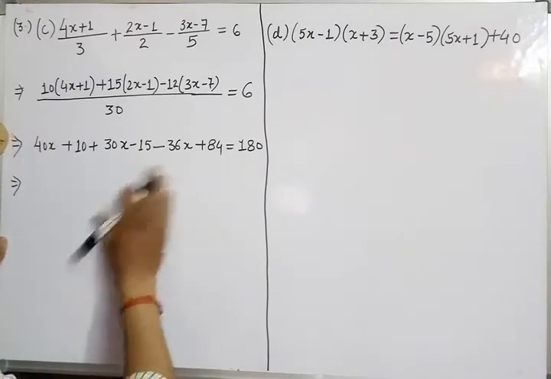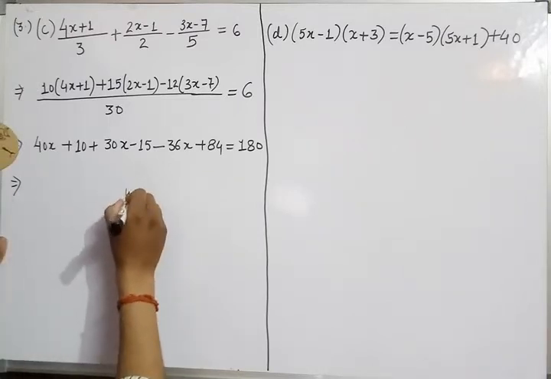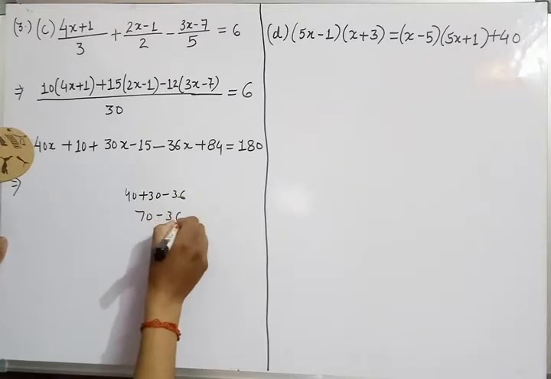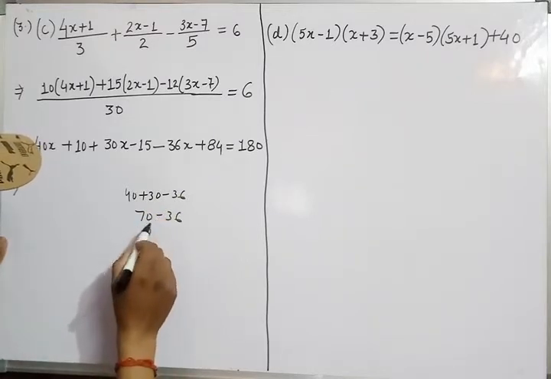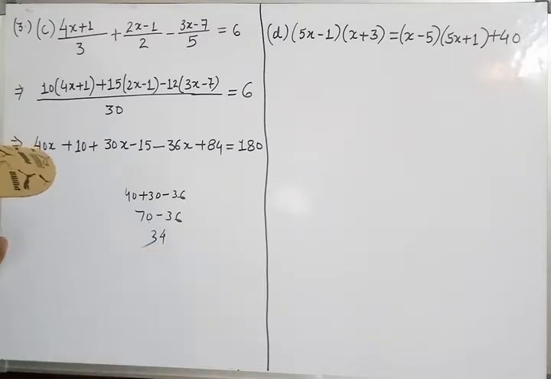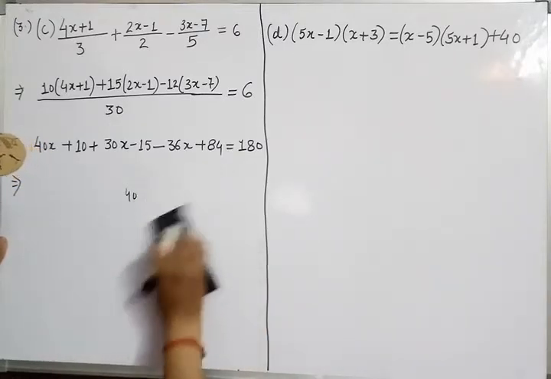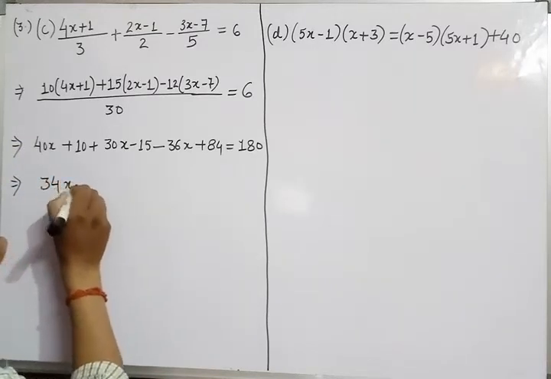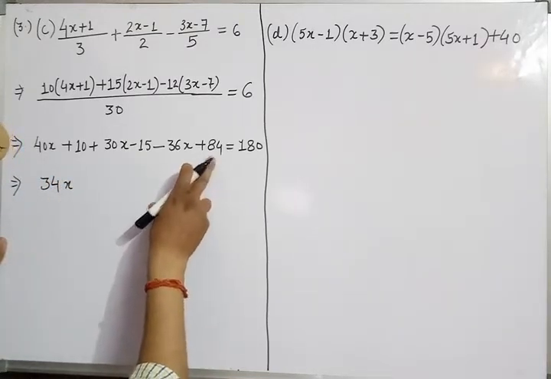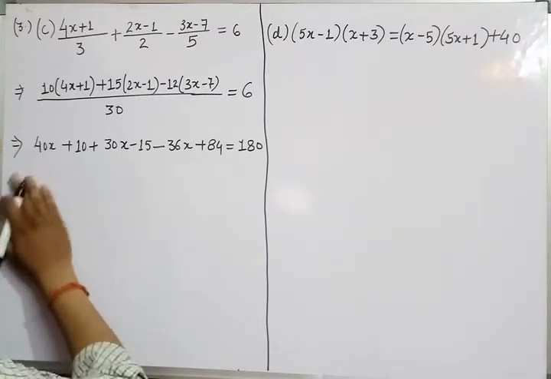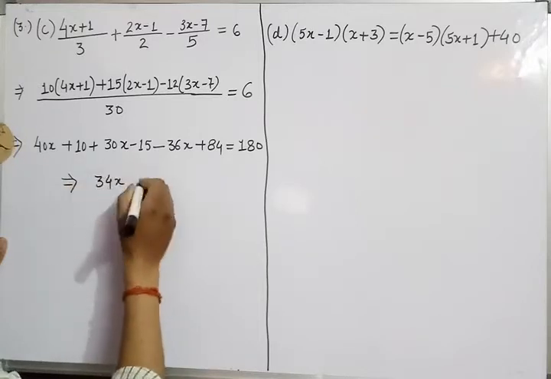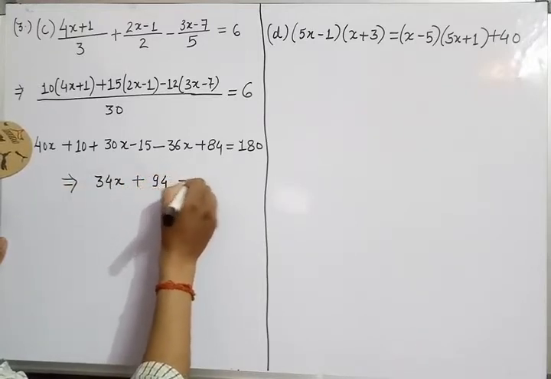So here we have to solve 70 minus 36, which is 34x. Plus here 84 plus 10 means 94 is equal to 180.